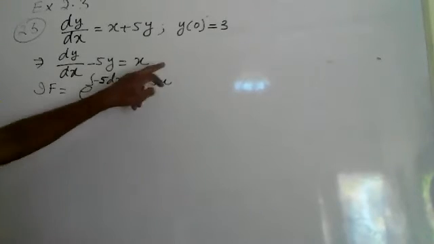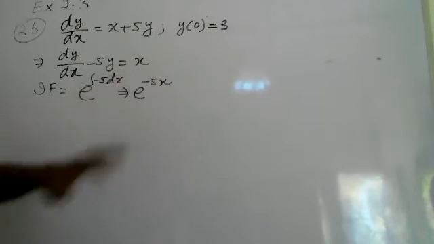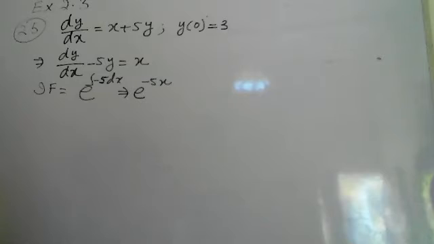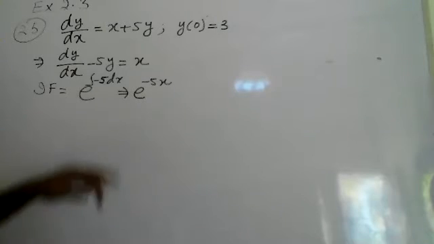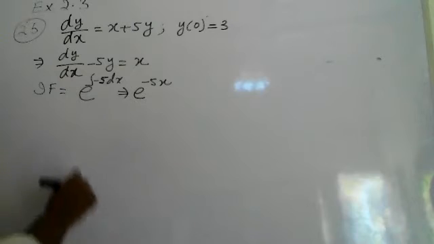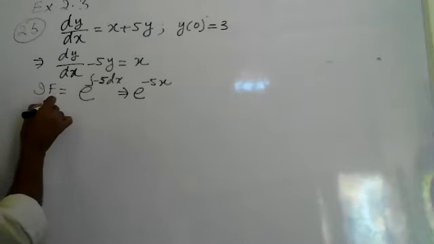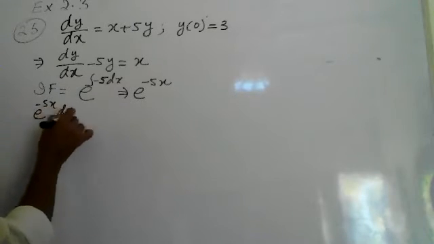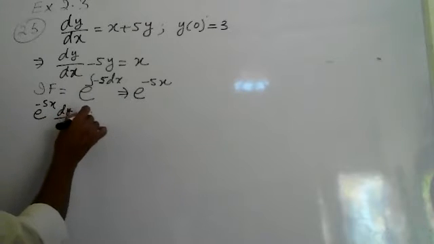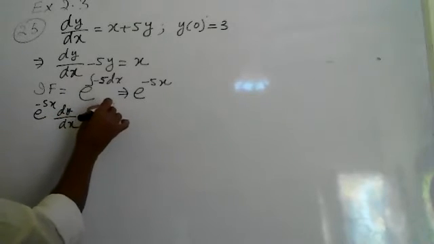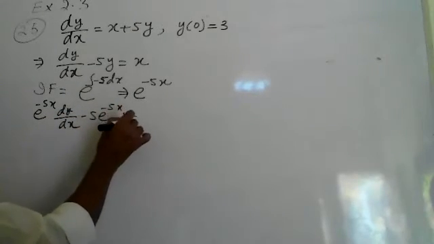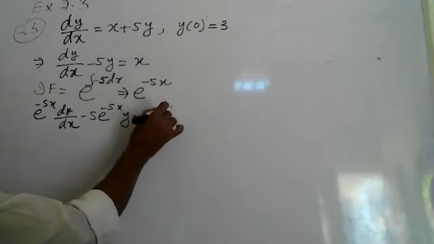The power of x is 1, so divided by 1, it will become minus 5x. So this is the integrating factor. We multiply by the integrating factor, it will become e raised to power minus 5x dy upon dx minus 5 e raised to power minus 5x y equal to x e raised to power minus 5x.